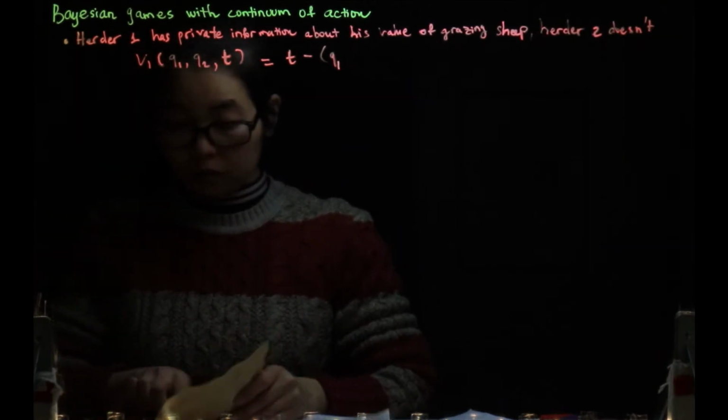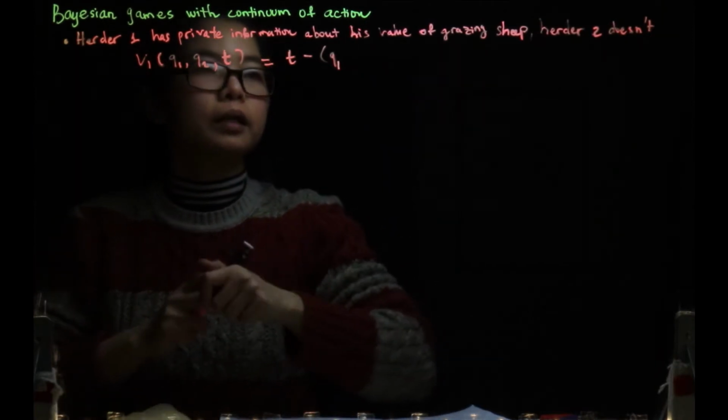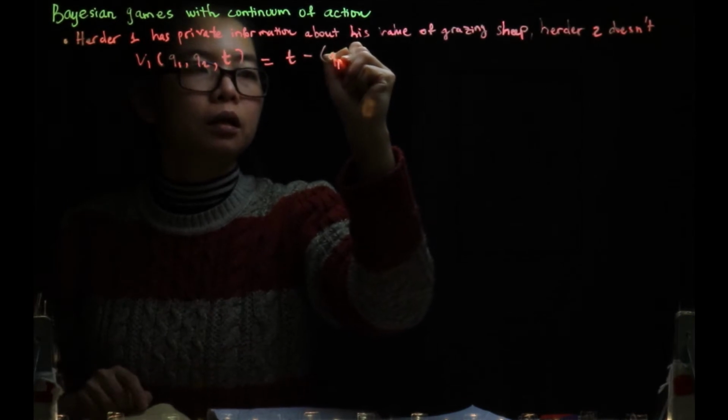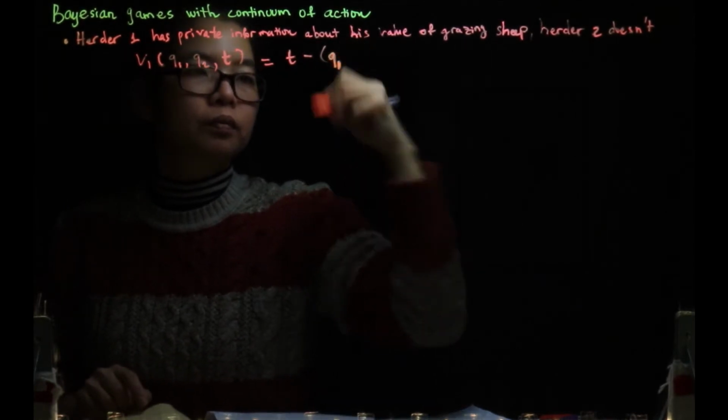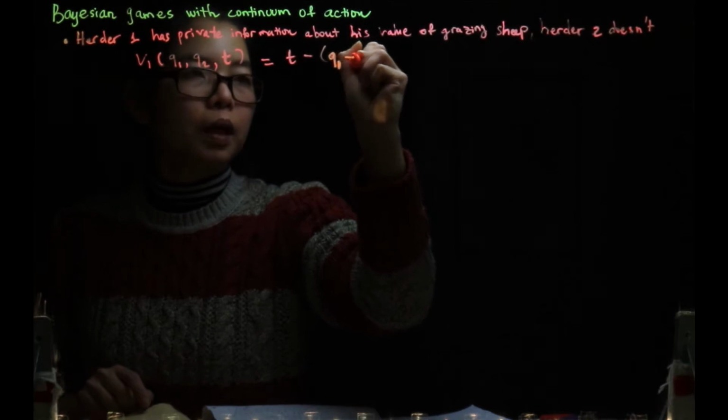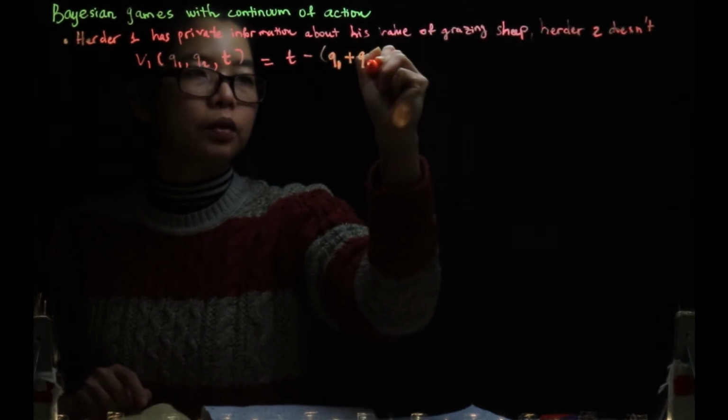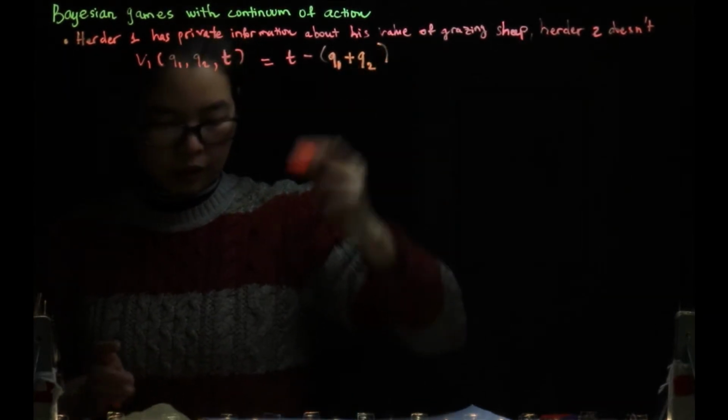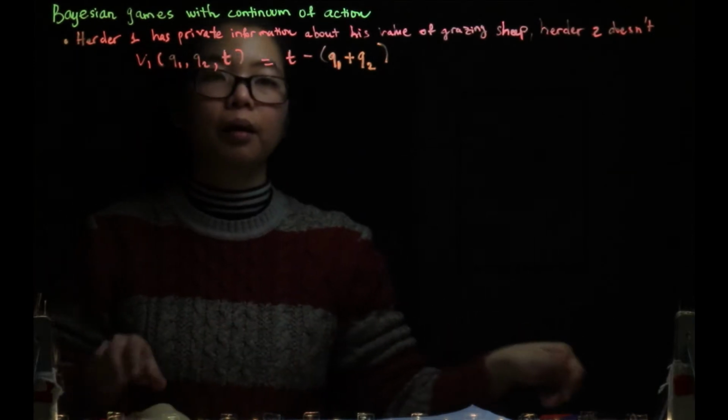I'm worried that you might not see anything from that anyway, so let's change that. It's t minus q1 minus q2.